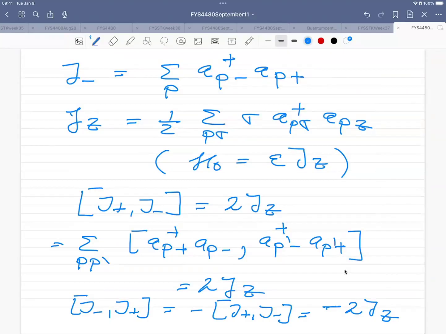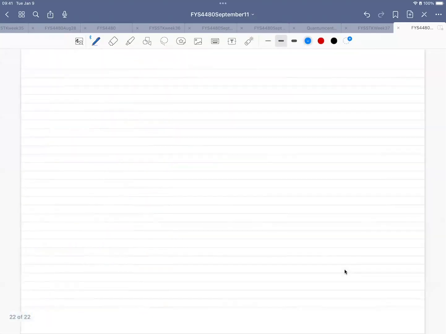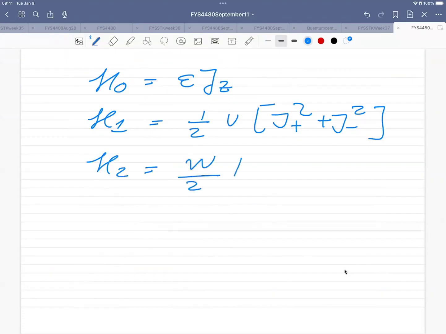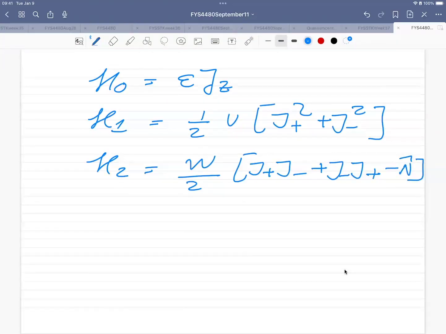And when I go back to the Hamiltonian, I can actually take this H1 and rewrite it as 1/2 times V times J plus squared, plus W divided by 2 times J plus, J minus, plus our operator, which we defined just some weeks ago.